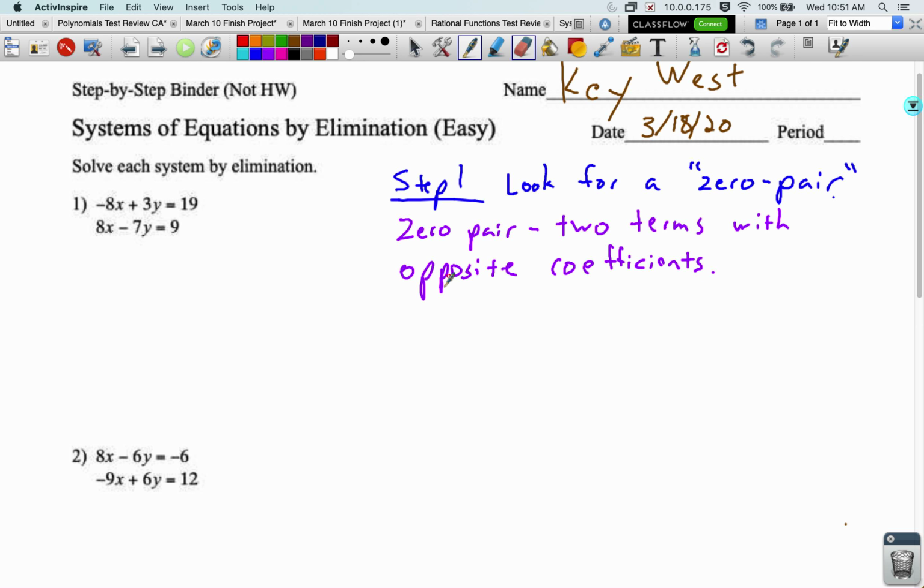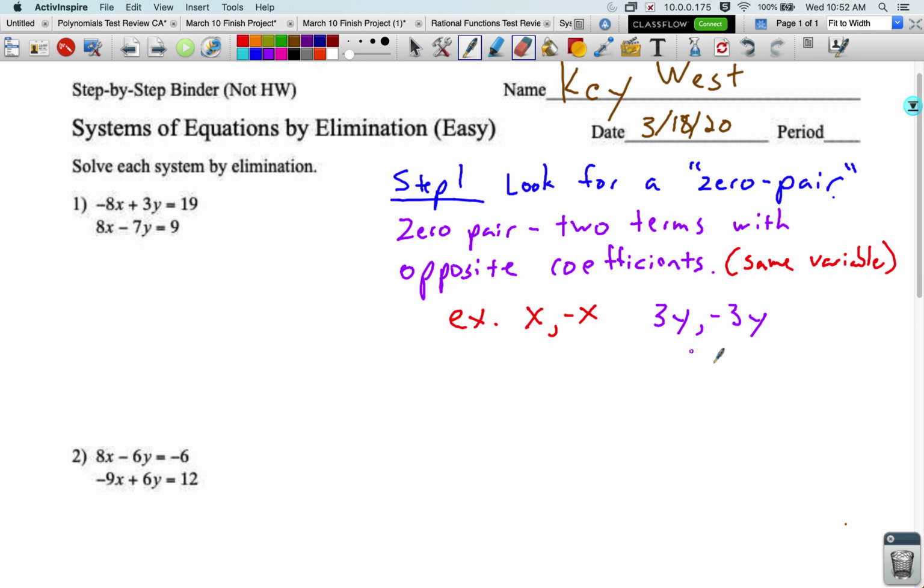So let's write out some examples of zero pairs. An example would be like an x and a negative x. Those are two terms with opposite coefficients. Maybe we should say same variable up here. That would be a zero pair. Another zero pair would be something like 3y and negative 3y.